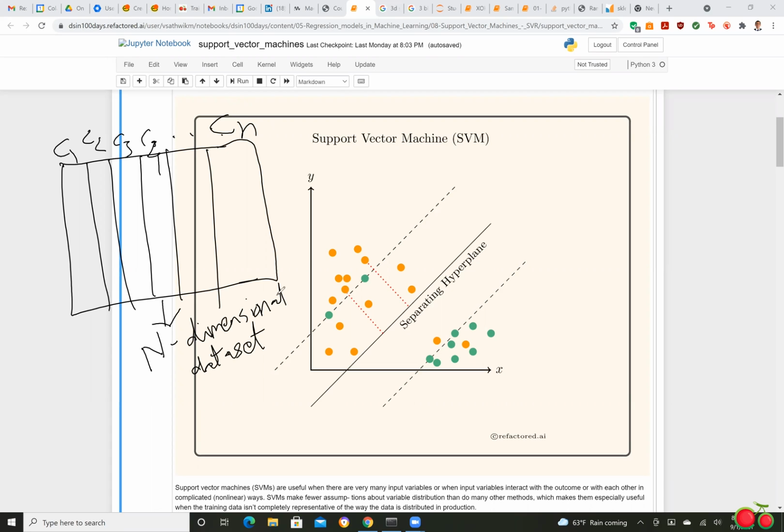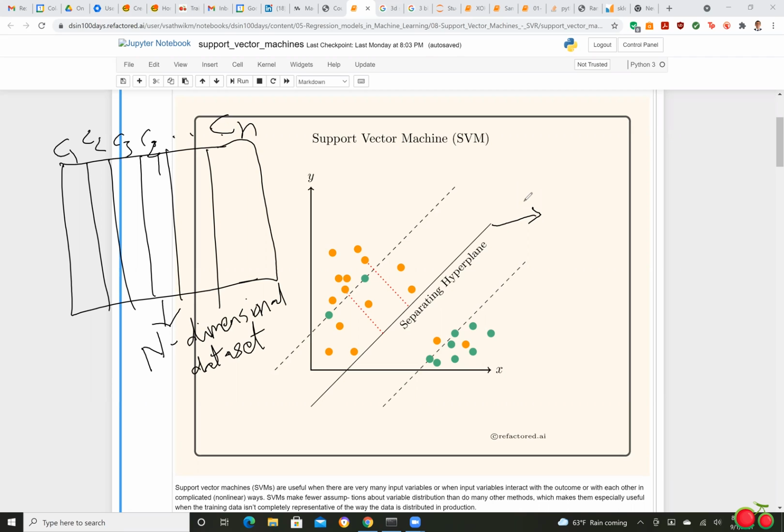Now, what I mean by n minus 1 is the number of dimensions that my separating hyperplane will have. My separating hyperplane is basically a function at the end of the day. It's a function which denotes either a line or a plane or a three-dimensional entity.